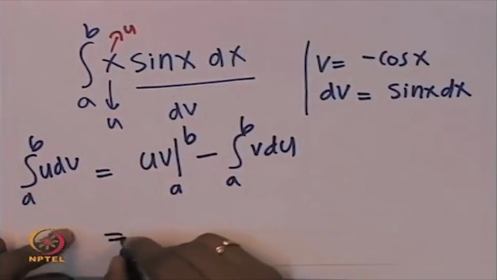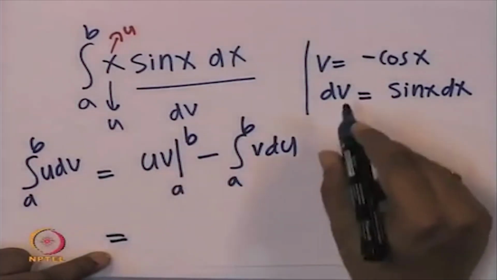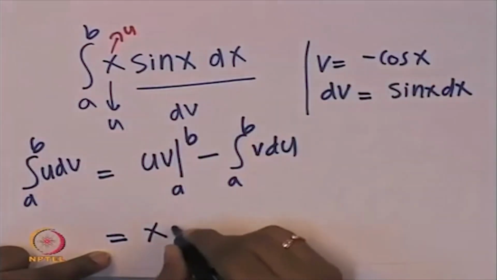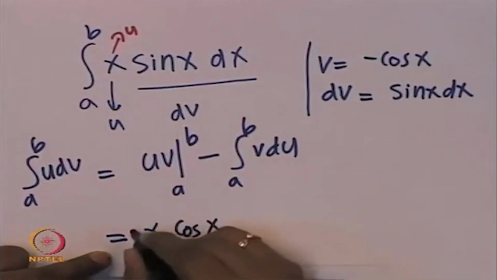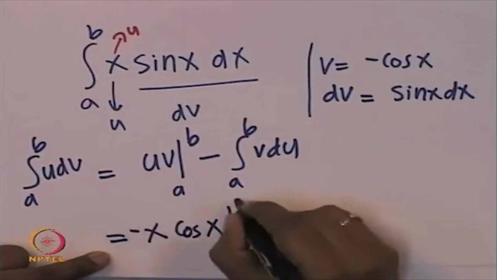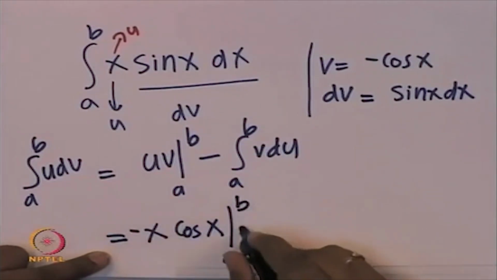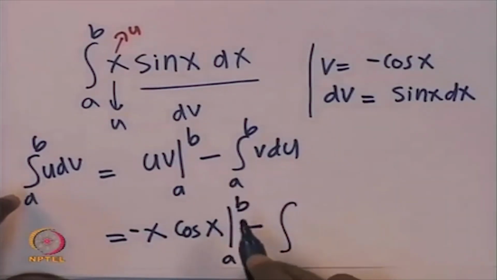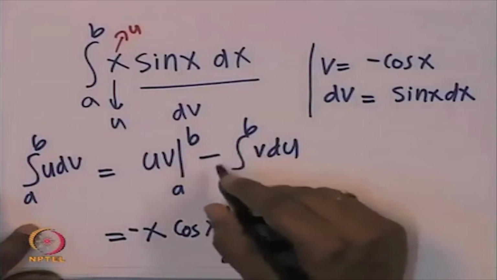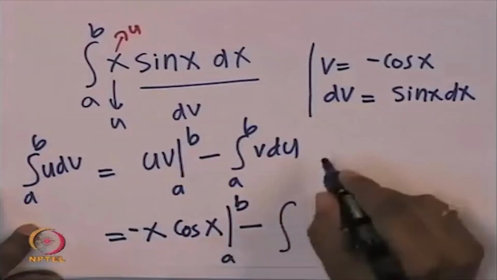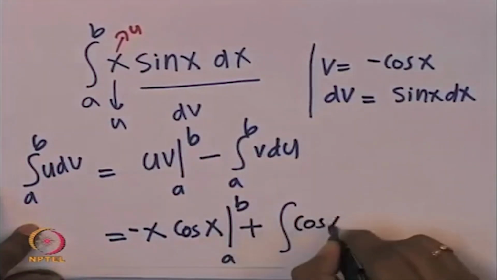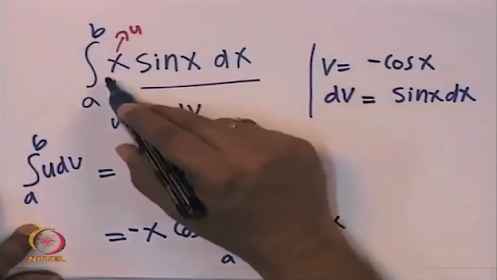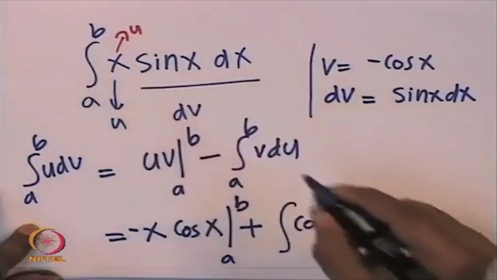So, this is u into v. u is x and v is minus cos x, in the limit a to b, minus integral of v du. V here is minus cos x, so minus minus will become plus cos x, and du is the derivative of x, which is 1.